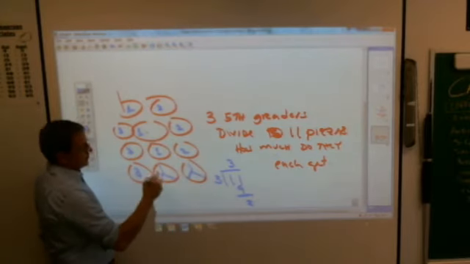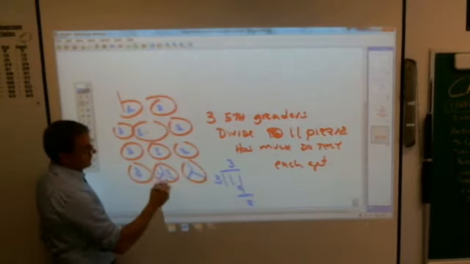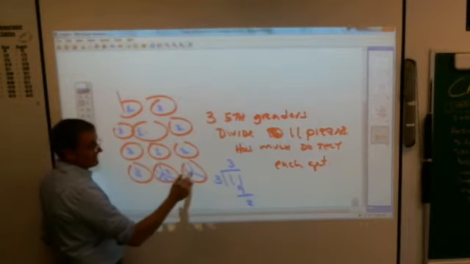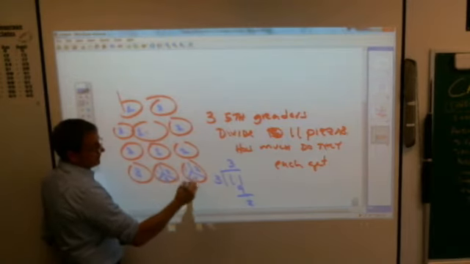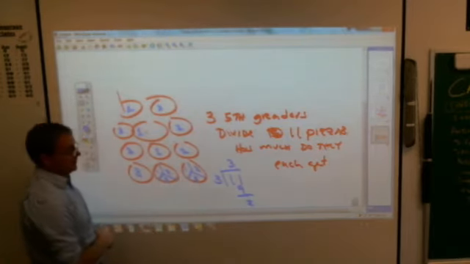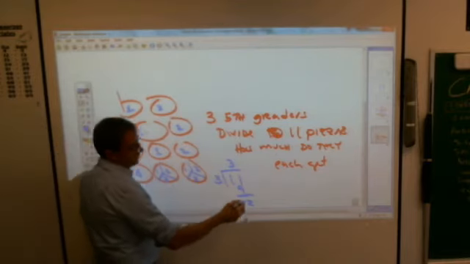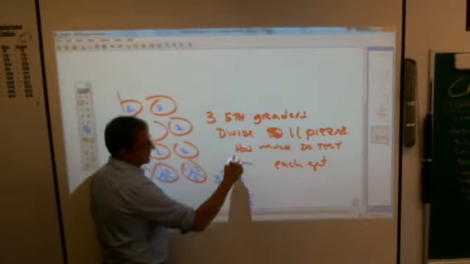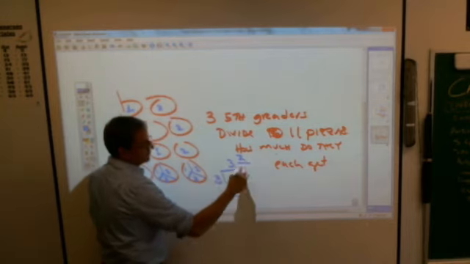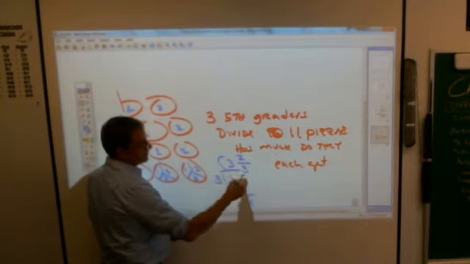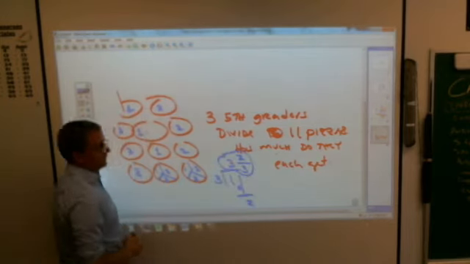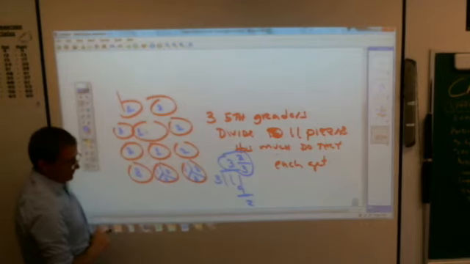Because then person number 1's going to get a third, person number 1's going to get a second third, which means, and remember how we made a mixed number? The remainder goes on top, and this number goes on the bottom. Everybody gets 3 whole pizzas and 2/3 of another one.